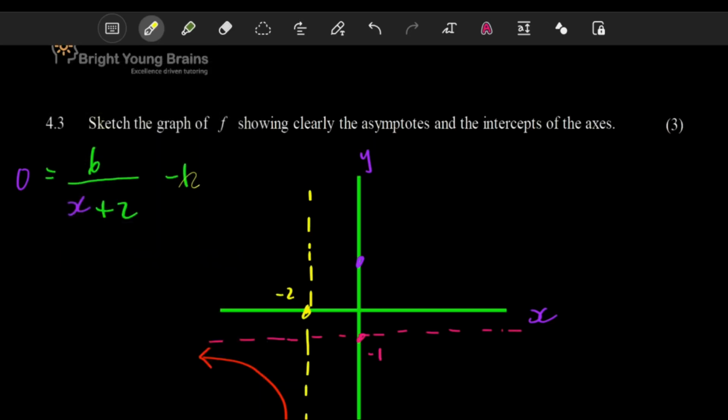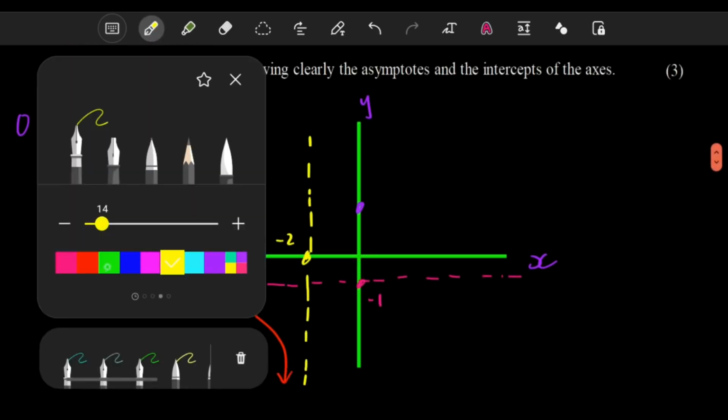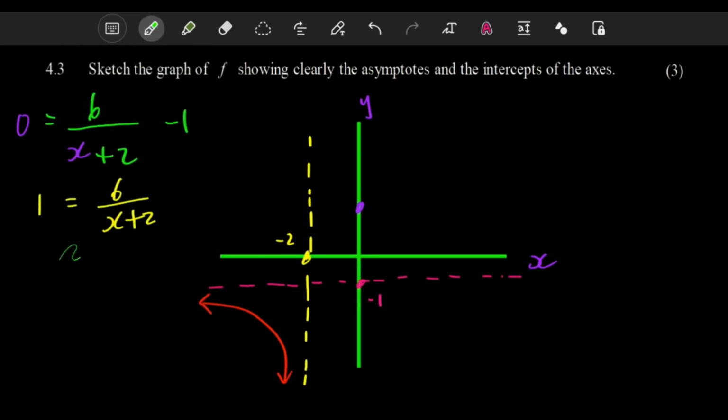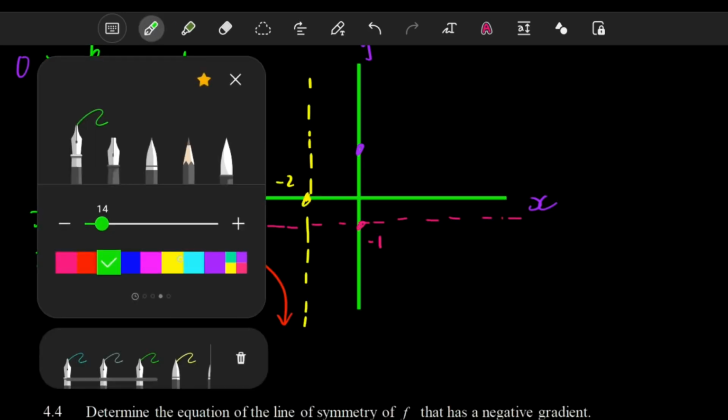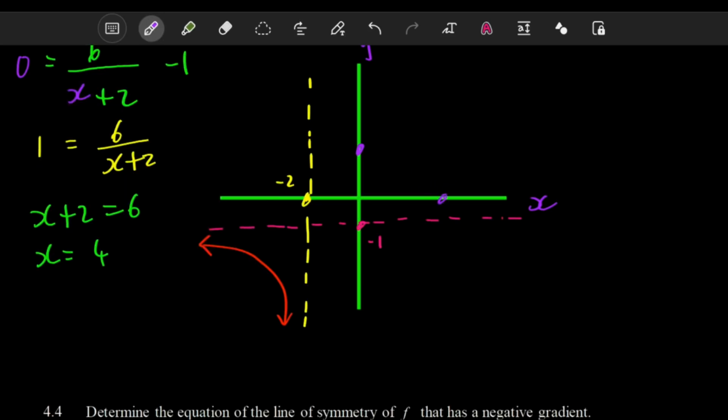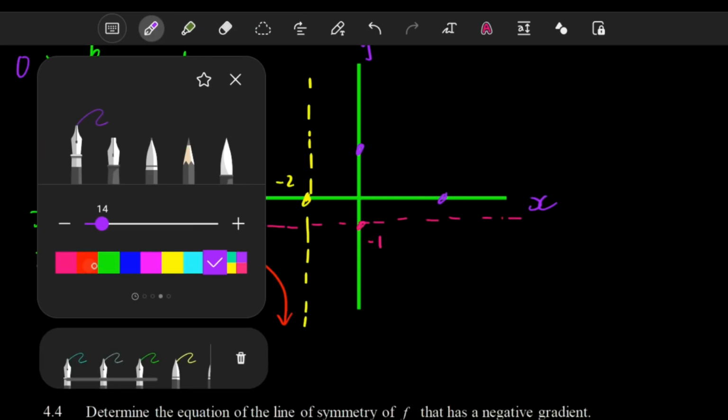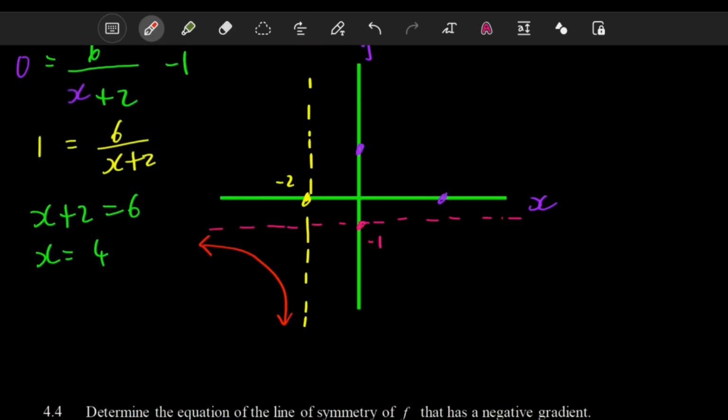Here we can take the 1 over. That's going to be a positive x plus 2. And then here you can just multiply everything by x plus 2, both sides. You're going to have x plus 2 equal to 6. And then x is just going to be equal to 4. So where x is 4, that's going to be your other point, somewhere over there. So for your sketch, clearly you can just make sure that it goes through there.